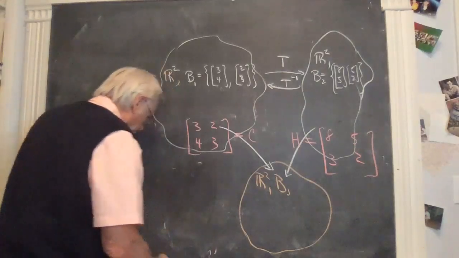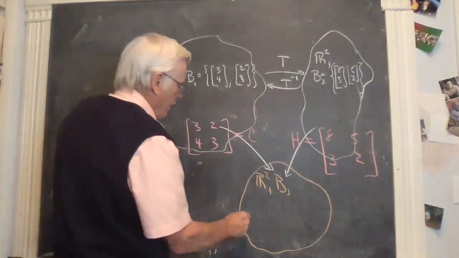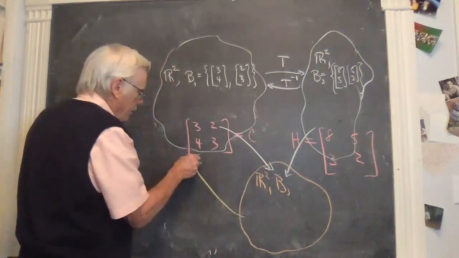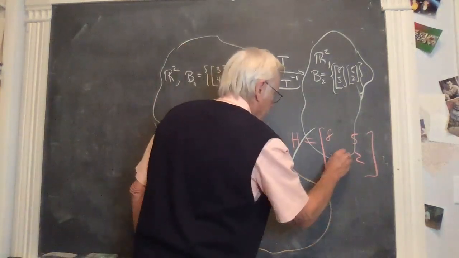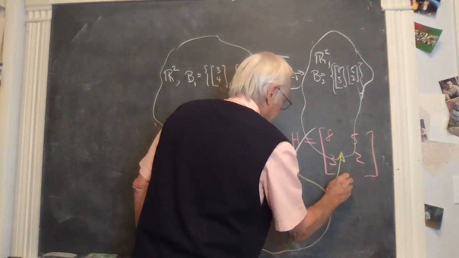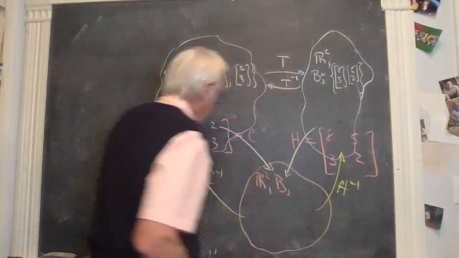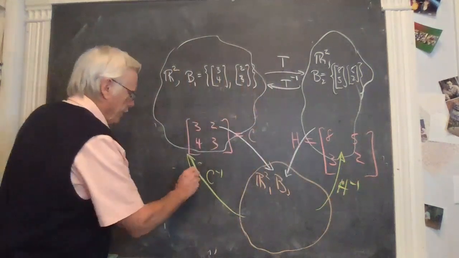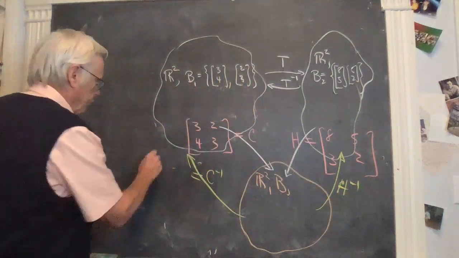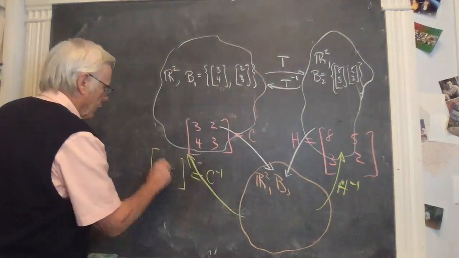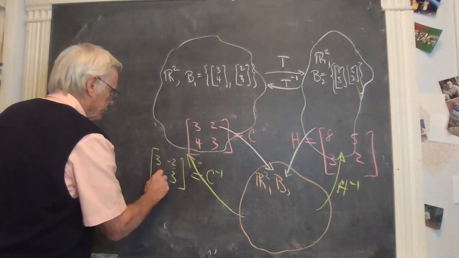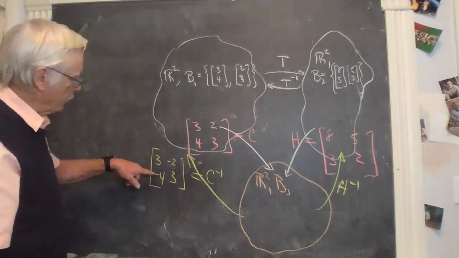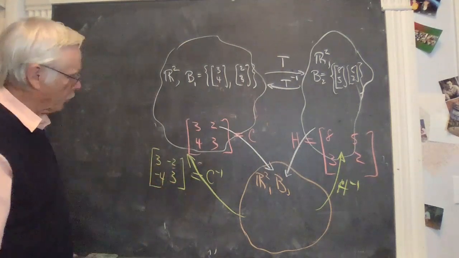Now, in order to complete the diagram, I'm going to want to compute the inverses of these. You can use Mathematica to compute the inverses. But I rigged it up so the inverses are pretty easy. C inverse here is 3, minus 2, minus 4, 3.